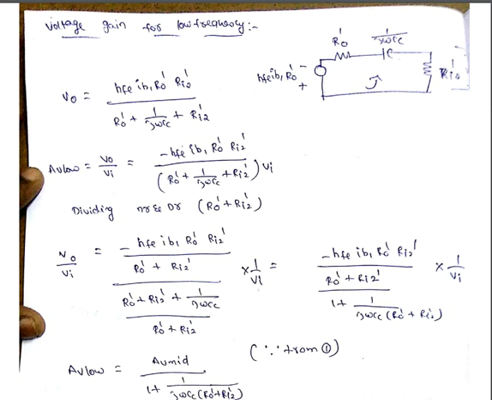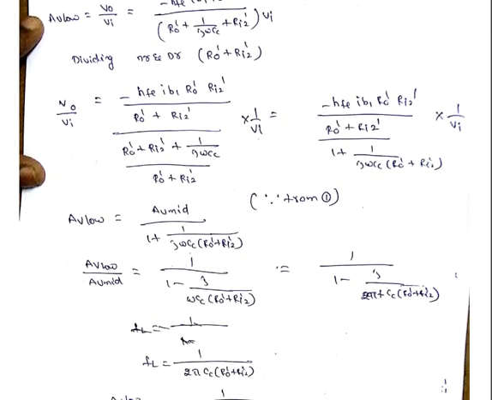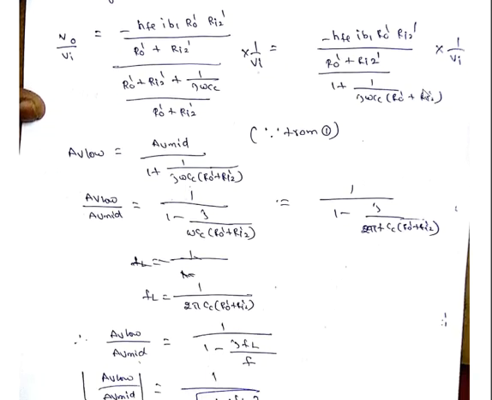To simplify this equation and write it in terms of AV mid, we divide the numerator and the denominator by R0 dash plus RI2 dash. After dividing, we get AV equal to V0 by Vi, and this is the equation. From this expression, this term is equal to AV mid, so it is replaced with AV mid.